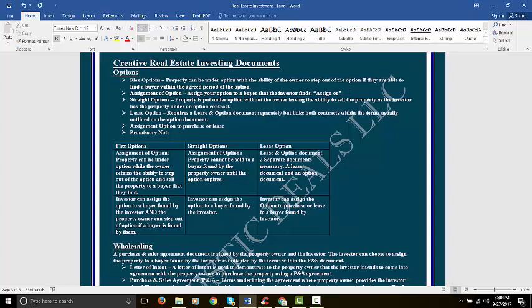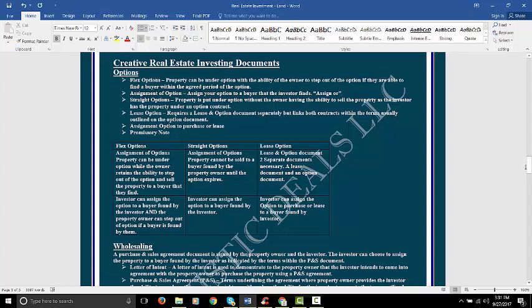The reason I'm telling you this is because there are different approaches to how you can take a particular deal based on the situation. So you will see that as far as document types, there are document types for options, and options can be flexible, or straight options, or lease options.